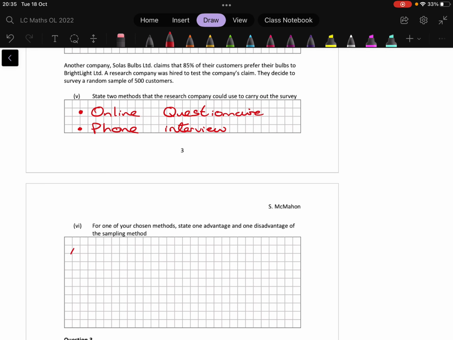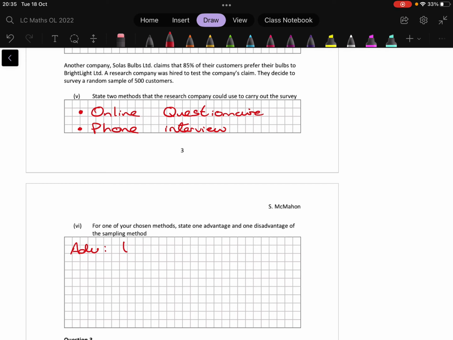Okay, so the advantage, perhaps we could say, is that it's a random sample. Okay, so if we have to consider one of our research methods, we can do either the online questionnaire or the phone interview that I've done here. If we say the online questionnaire, what is an advantage in terms of doing a questionnaire of having a random sample of 500 people, where you're going to get a wide range of responses?